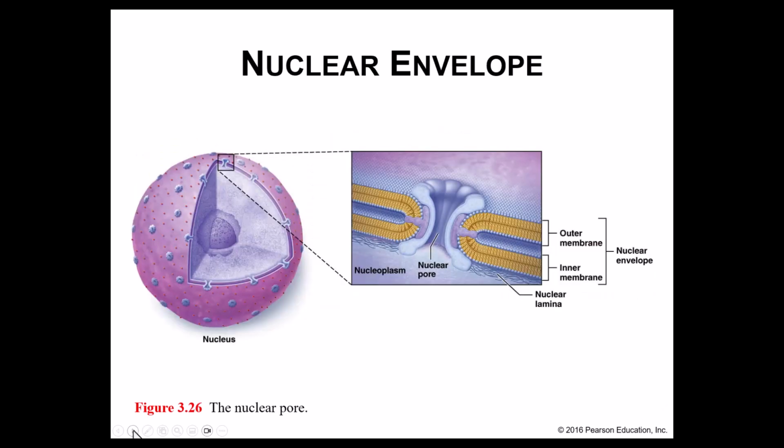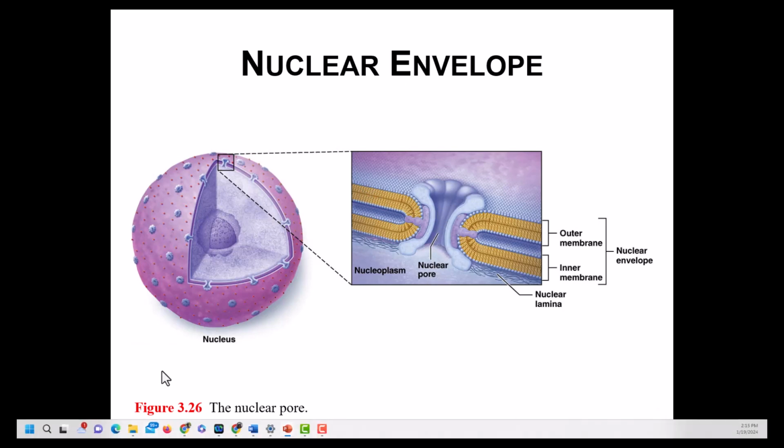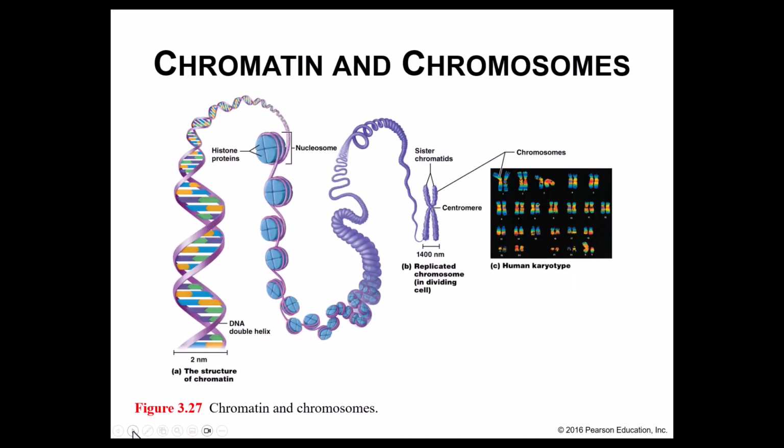And here you can see a blow up. Our nuclear envelope is also a phospholipid bilayer, just like our plasma membrane, with these nuclear pores, almost like our channel proteins that we see in the plasma membrane. And then here is that chromatin being condensed into chromosomes by being wrapped around histone proteins, forming a nucleosome, so that we see these classical chromosomes that we think of when we think of the human genome.